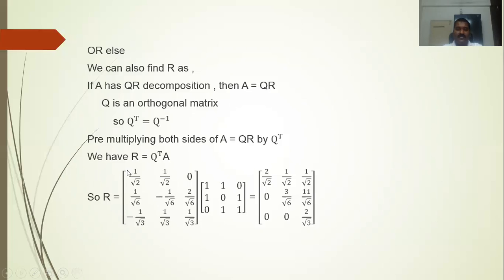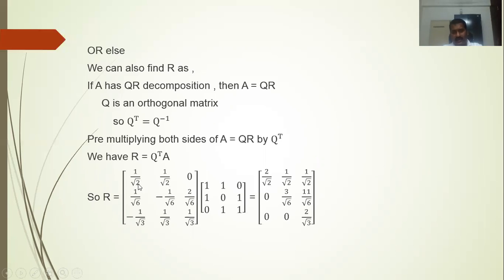So you have Q, then getting Q transpose is just writing its rows as columns and columns as rows. Then this is my Q transpose, and this is my given A, and it is simple matrix multiplication, row by column. So 1 by root 2 into 1 plus 1 by root 2 into 1. So this is what I get, 2 times 1 by root 2.